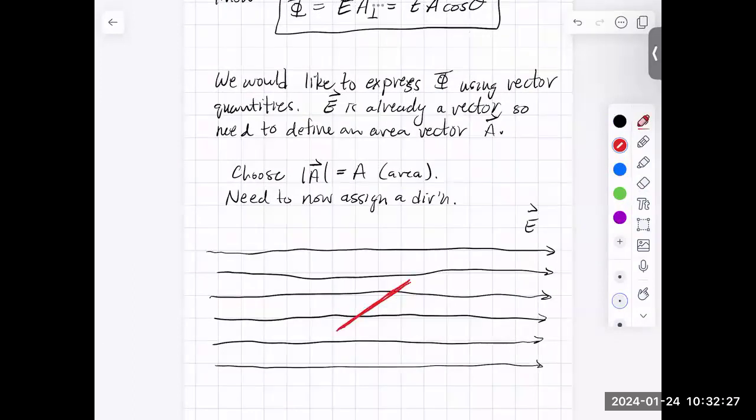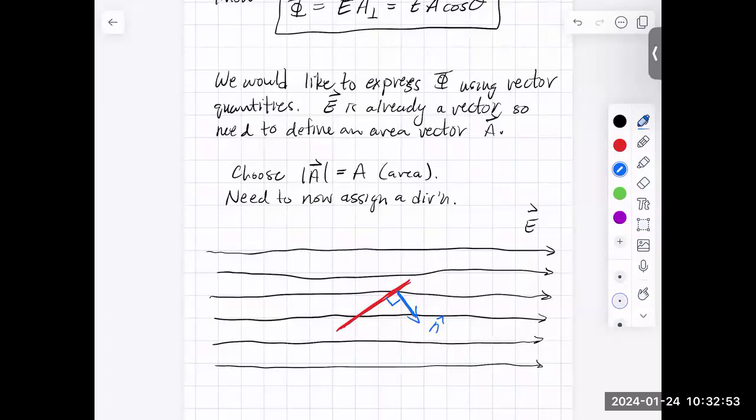The normal vector is going to be perpendicular to this area. So I'll draw it right here, and we'll label this as n hat. And we'll just really specify that it is perpendicular.